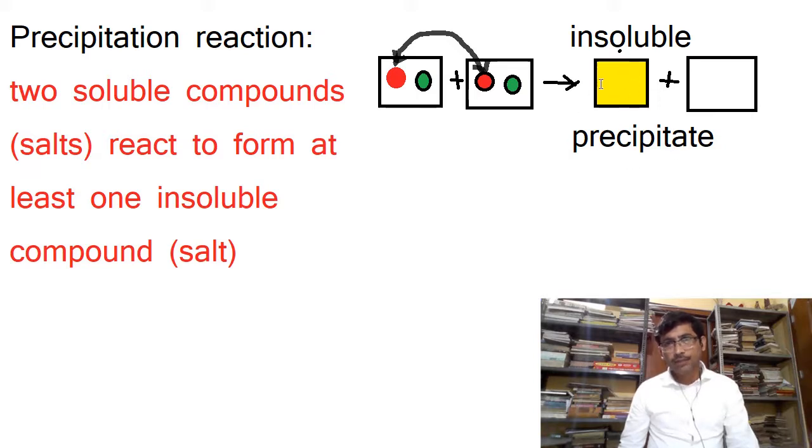The color of this substance is clearly visible after the reaction. So such a reaction is known as a precipitation reaction. We are going to see some examples of such precipitation reactions in our video.